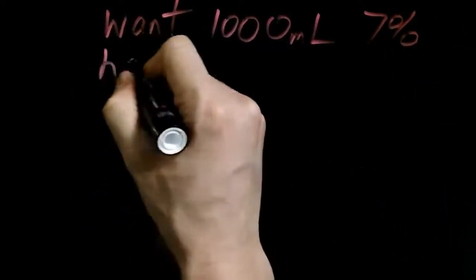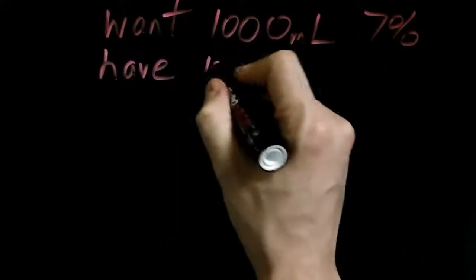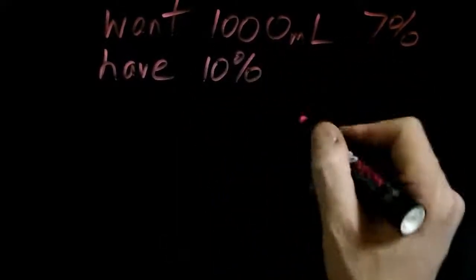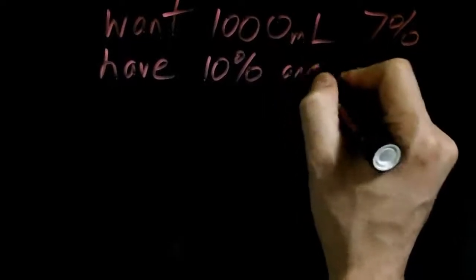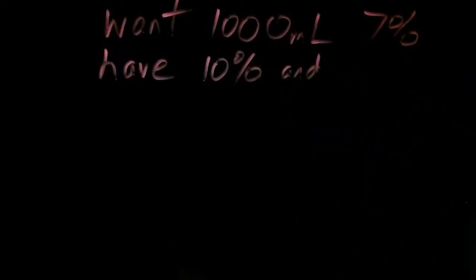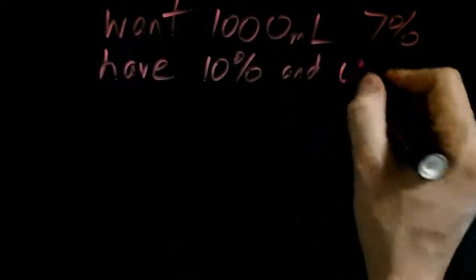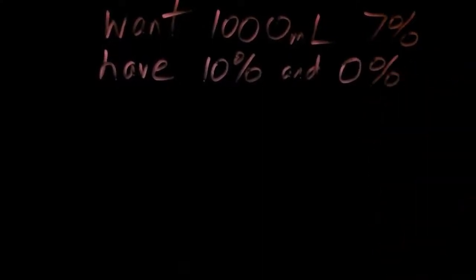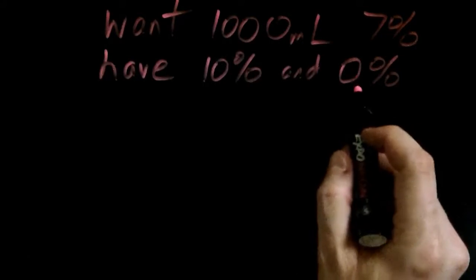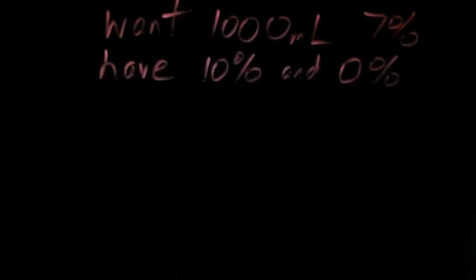I have a 10% solution, and what else will I have here? Actually, I will use 0% because I'm just going to mix it with some sterile water. So I'll be able to mix a 10% and a 0% to form a 7%.